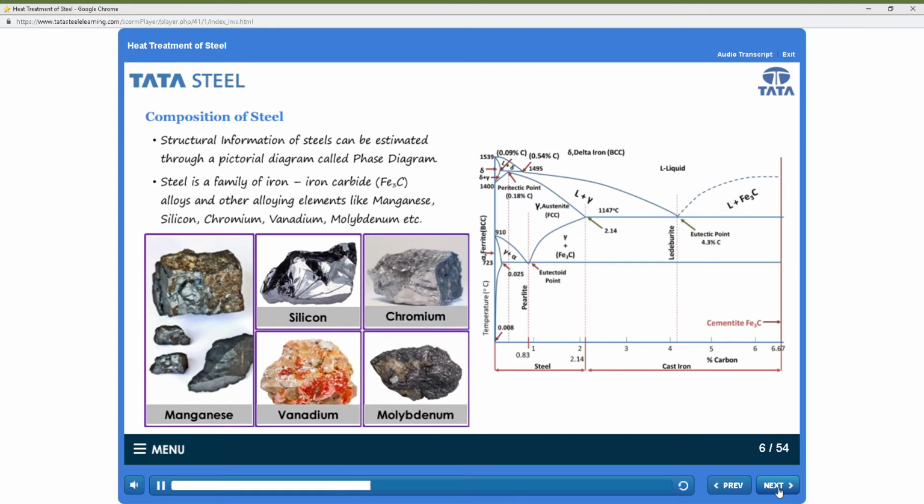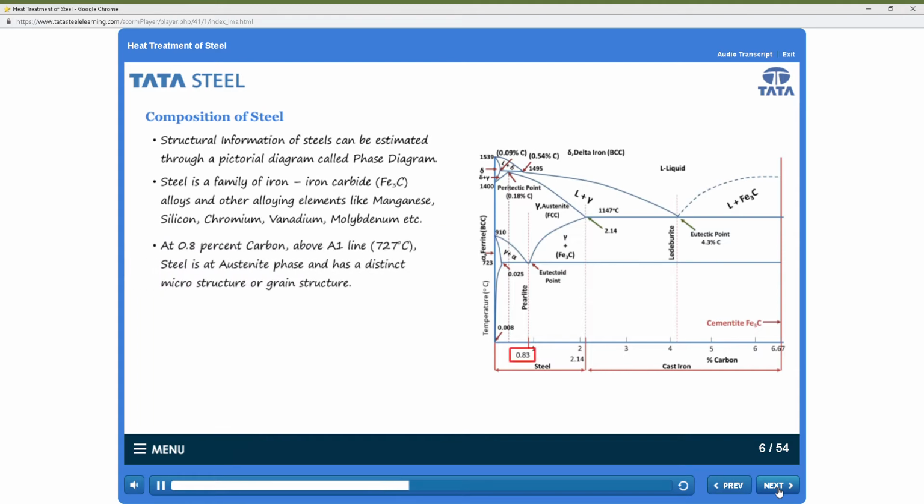Taking a look at the iron carbide phase diagram, we can observe that at 0.8% carbon above A1 line, steel is at austenite phase and has distinct microstructure or grain structure. On cooling below A1 temperature, it transforms into 100% pearlite, which is a phase mixture of alpha iron and cementite.